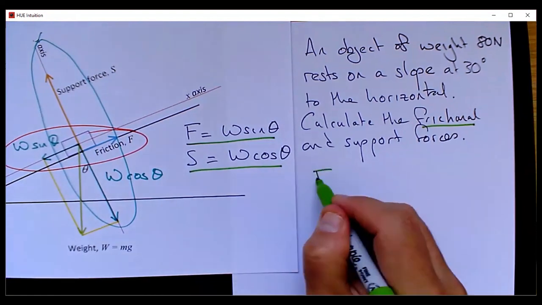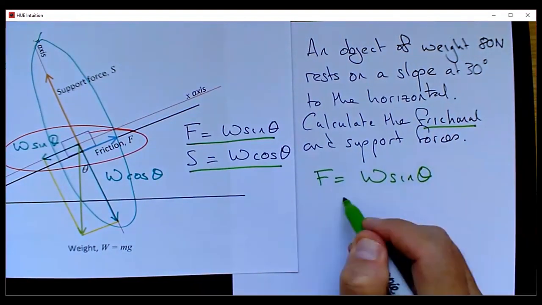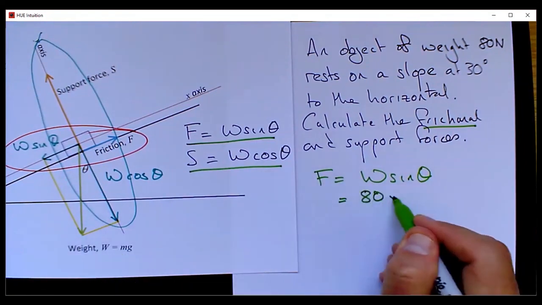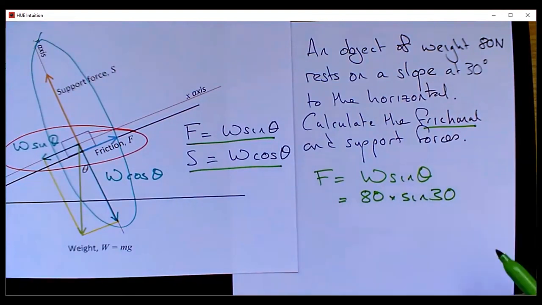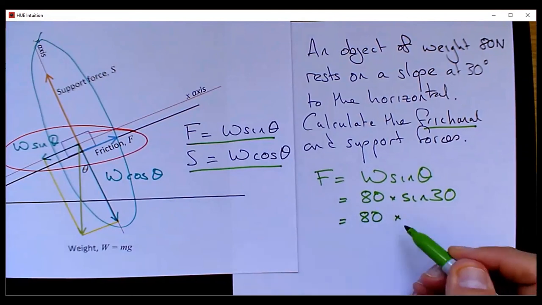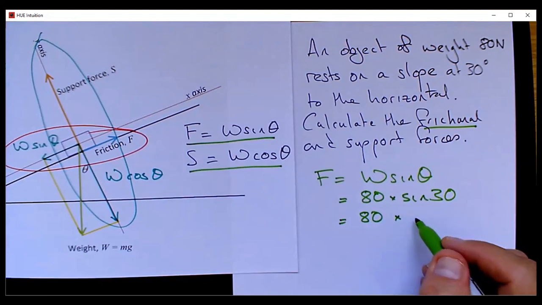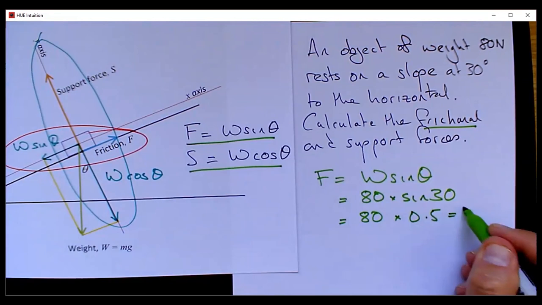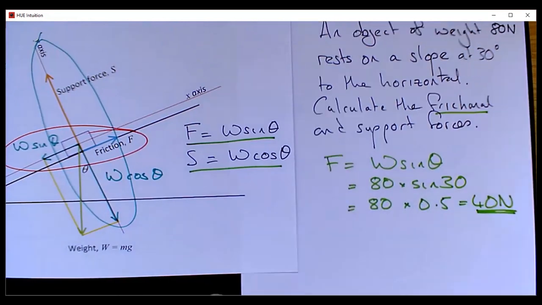And so F equals W sine theta, which is, well, W, we've been told in the question, is 80 Newton, times the sine of 30. Sine 30 is one of those important trig facts that most A-level students should know, and that is 0.5, which gives us a component of 40 Newton. That is the frictional force.